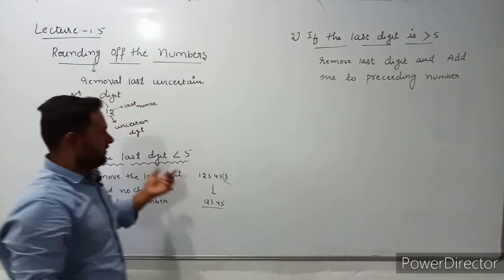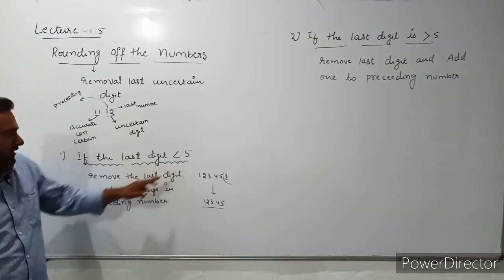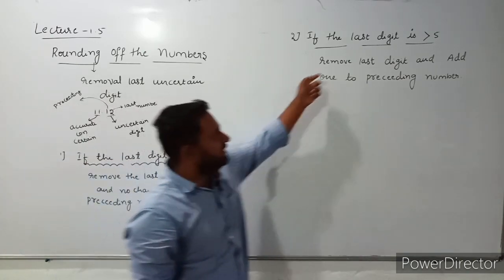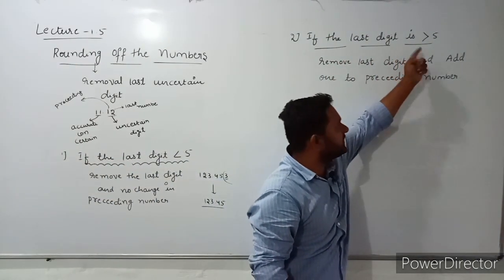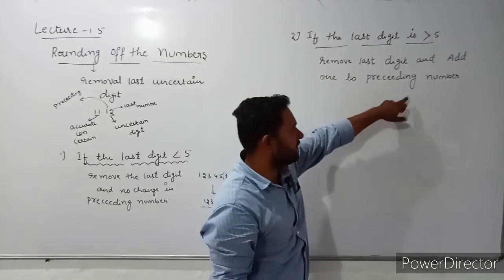See here, in the first rule, if the last digit is less than 5, then no need to change the preceding number. But if the last digit is greater than 5, then you have to add 1 to preceding number.